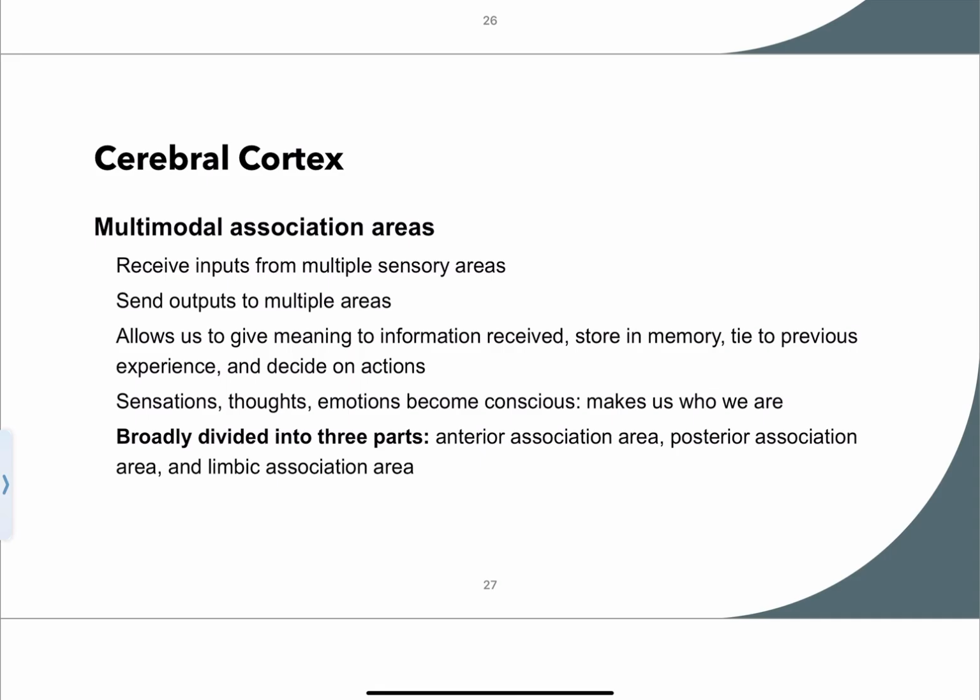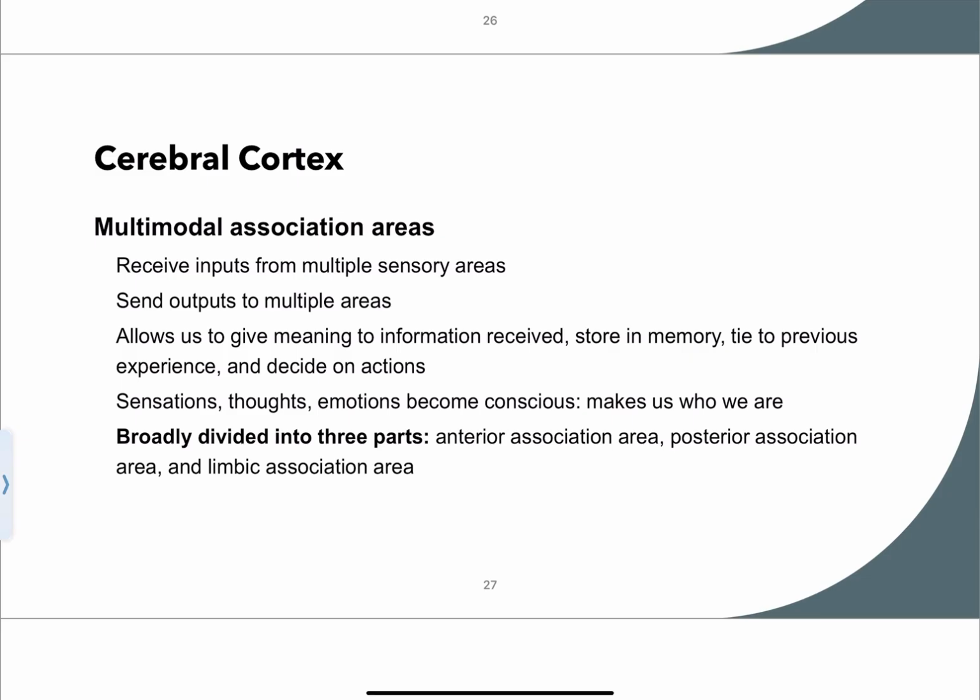The last thing we need to talk about for the cerebral cortex is the multimodal association areas. So these areas aren't just getting information from something specific like the receptors in our skin. Instead, they're receiving input from multiple sensory areas, and they're sending out information to multiple areas. So that's why we call them multimodal association areas.